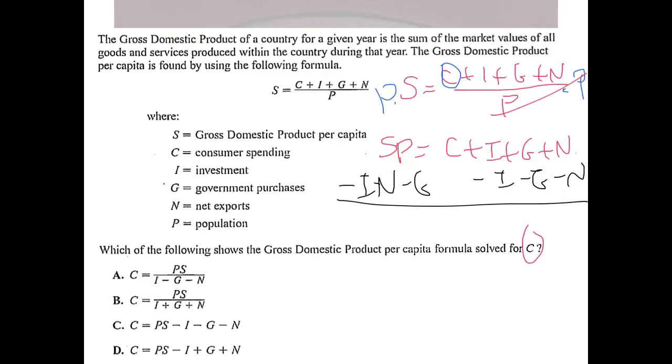And when I get that, the final answer would be C is equal to SP minus I minus N minus G, which looks like it would be answer choice C.